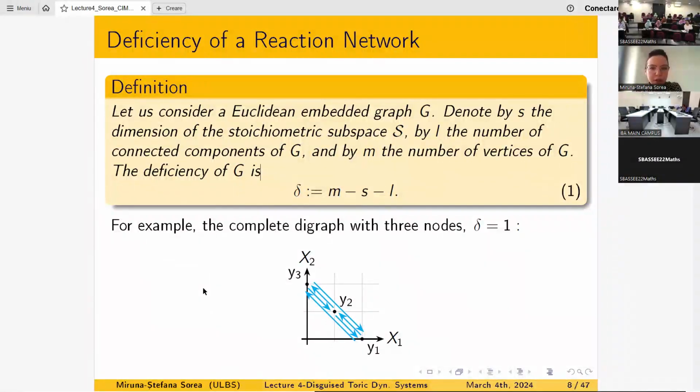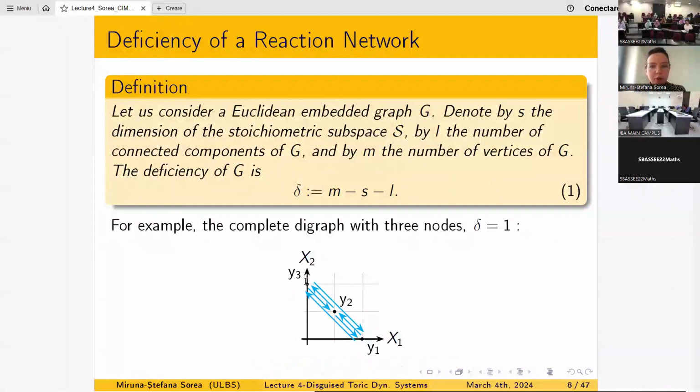In our reaction that we kept looking at, this triangle on a line, we call it. So here we have 3 vertices. We have 1 connected component. So we have M equals 3.